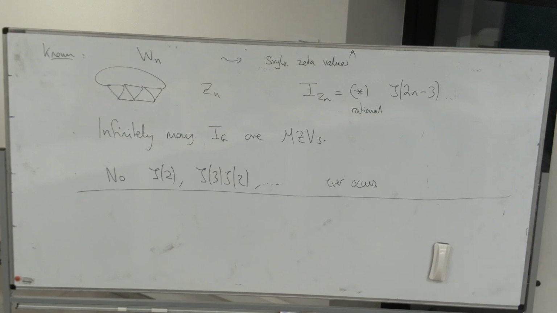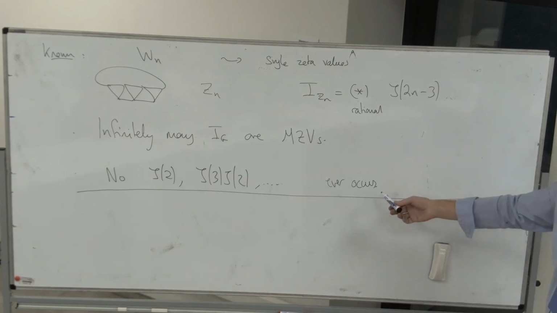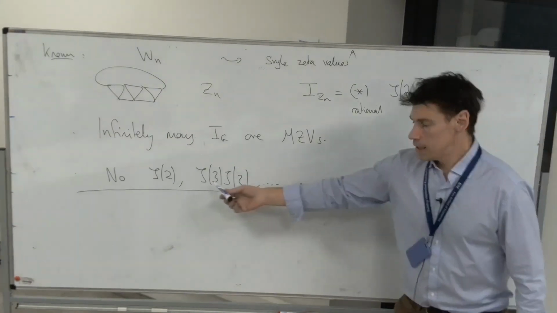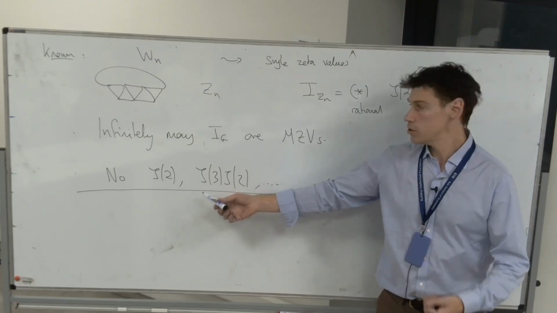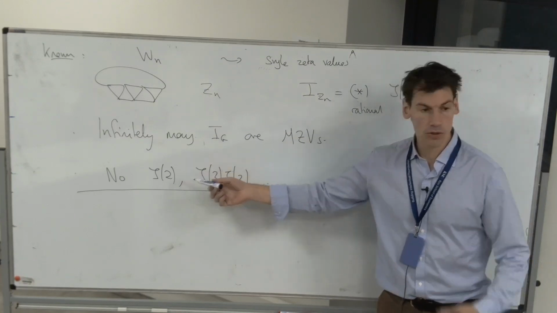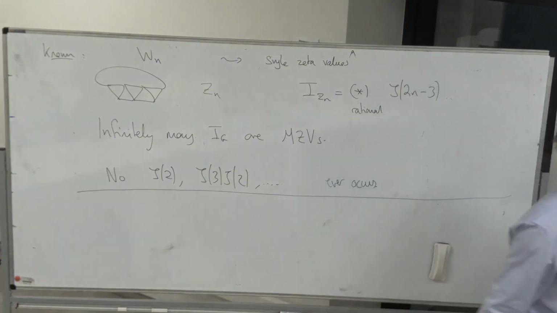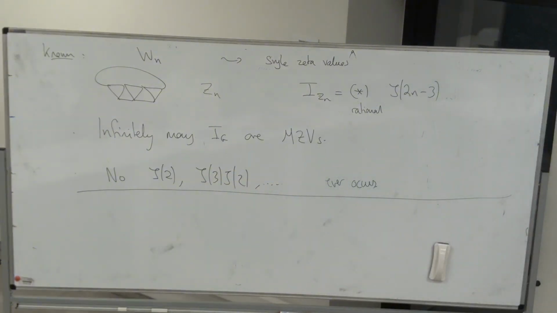Just we don't know a theorem. Sorry, is it a theorem that it's impossible to obtain this? Well, the problem here is that it's like an irrationality conjecture. To show that zeta 2 doesn't occur, you'd need to know that zeta 2 and zeta 5 are not proportional.